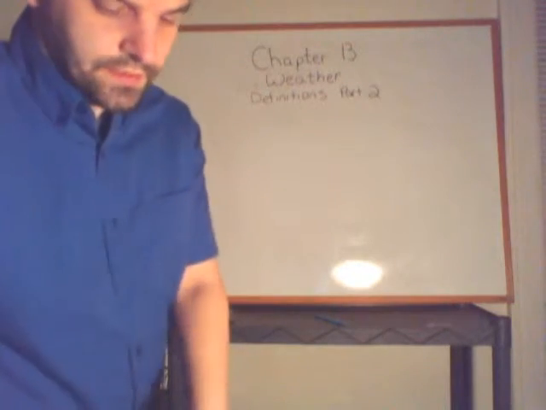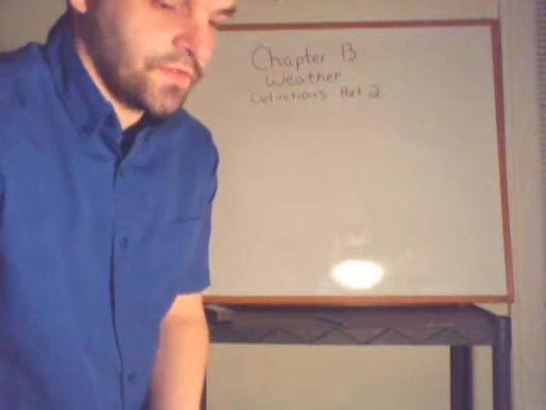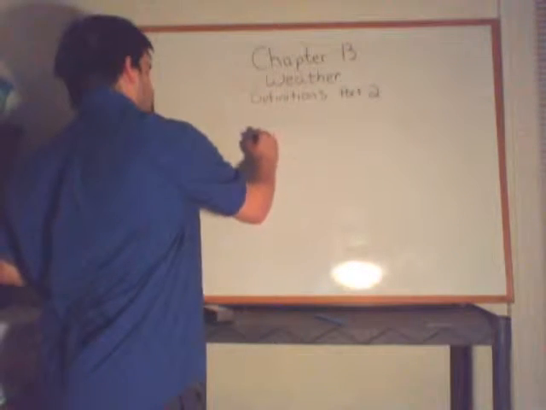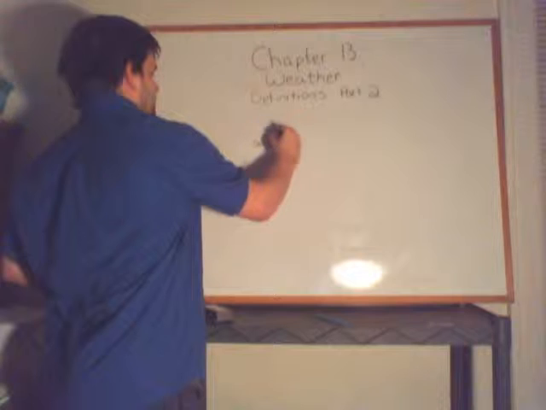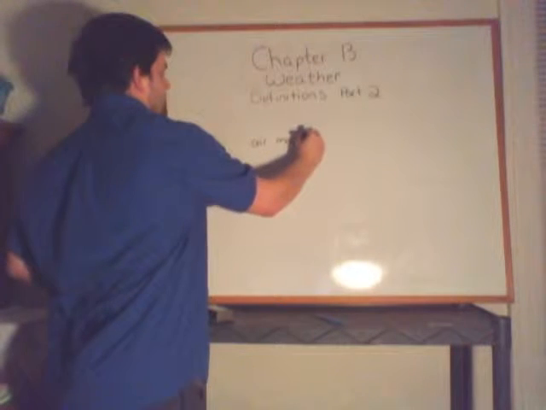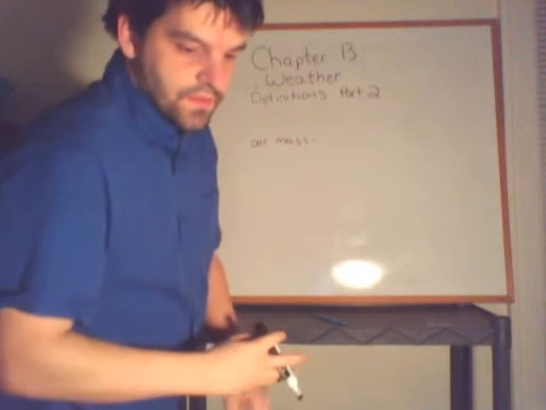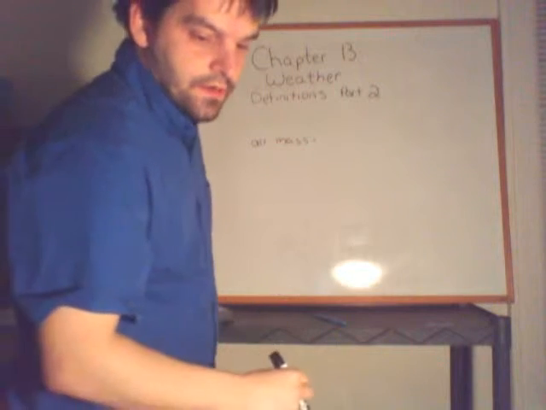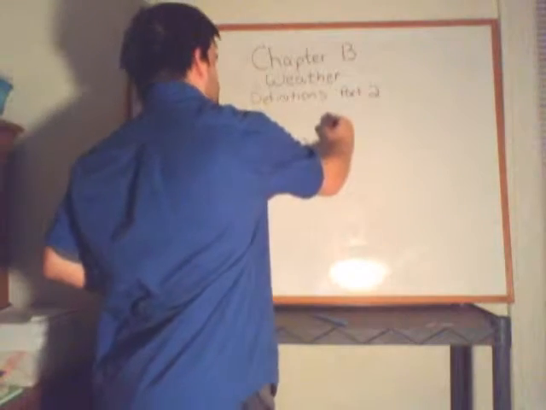So our next definition is air mass. And an air mass is large bodies of air that have uniform temperature, humidity, and pressure.